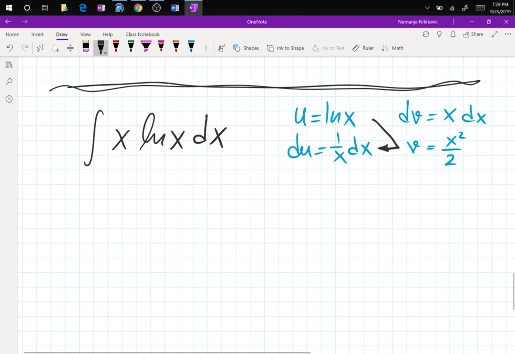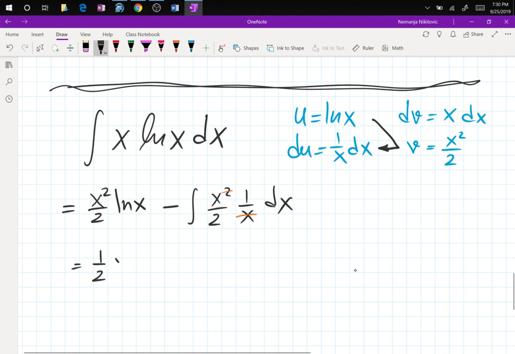So now we put our arrow over here, and we write x squared over 2 ln x minus the integral of x squared over 2 times 1 over x dx. So now you see that this x squared and x cancel.